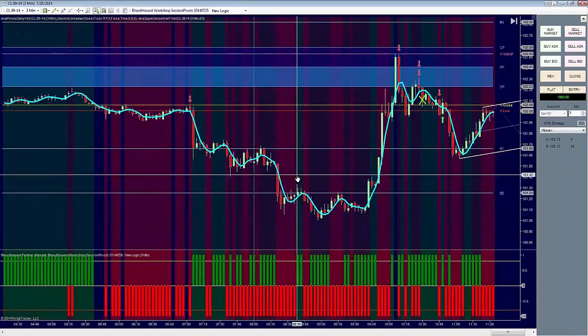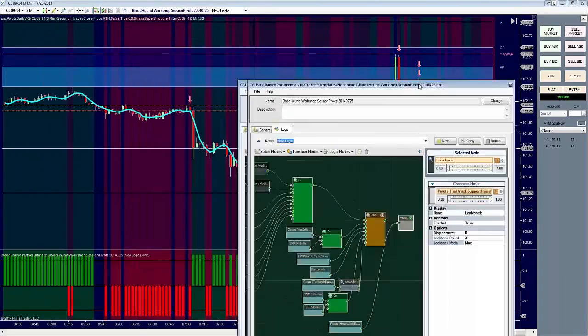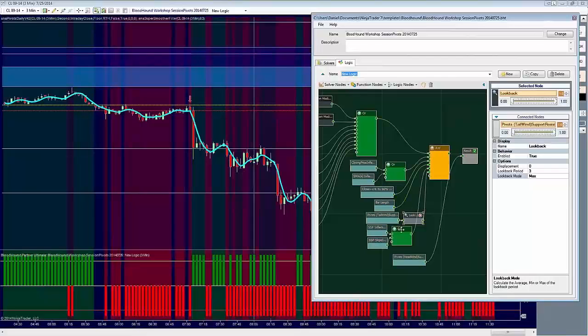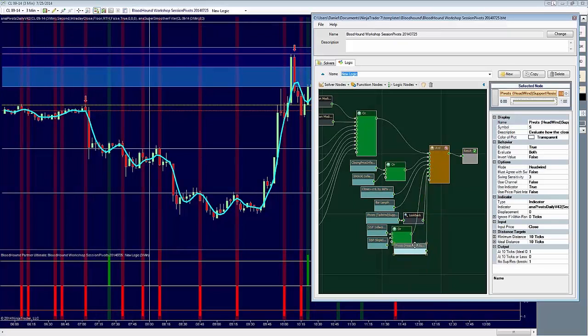All right, so let's see. Yeah, we want to be on the right side of the support and resistance, so we still want this headwind. We don't want to trade directly into a line, but then we also don't want to be taking a short right here when the market is screaming up.